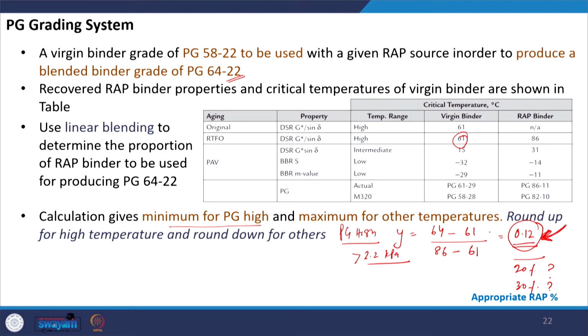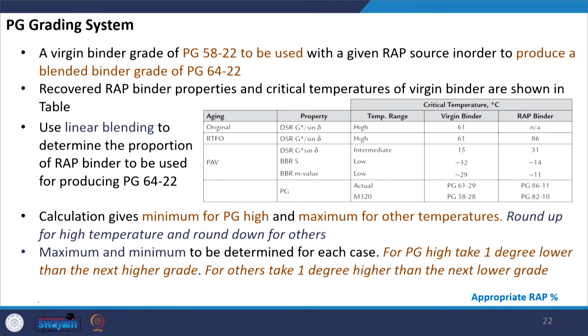So, in order to find out the maximum value, what we have to do is take 1 degree lower than the next higher grade. So, next higher grade is PG 70. So, I will ensure that it is not beyond 69. So, how do I do the calculation here? 69 minus 61 divided by 86 minus 61.